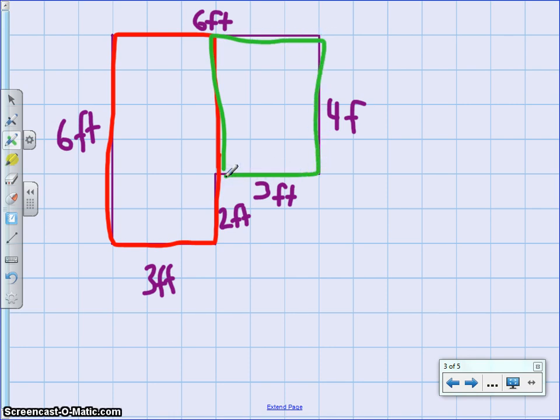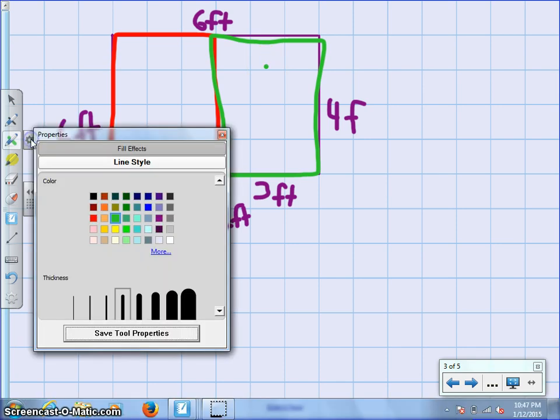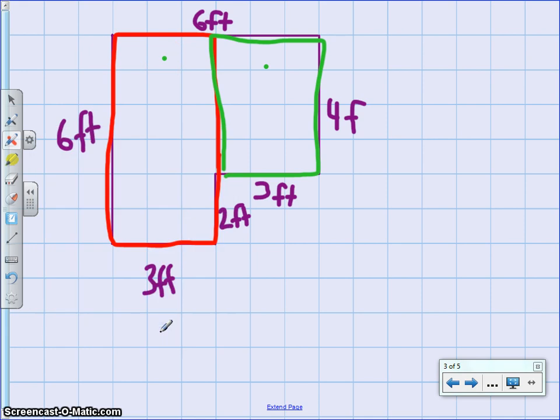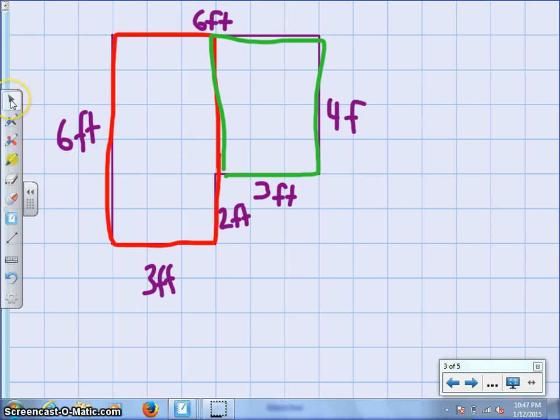I can find the area of this rectangle, the green one that I just did, and I can also find the area of this red one. And when I add them together, I will be able to find the total area of my irregular shaped room. And I can actually sort of separate these two, and you can kind of see it.